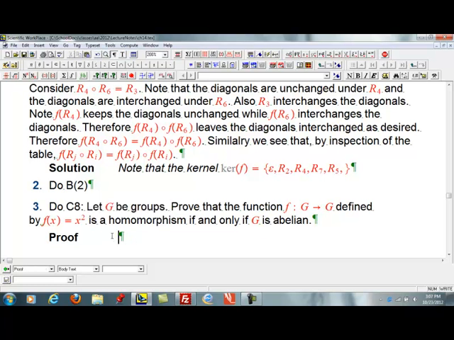Let G be a group. It's if and only if. So what do we want to show first? Which direction do we want to go first? What does that tell us if it's a homomorphism?